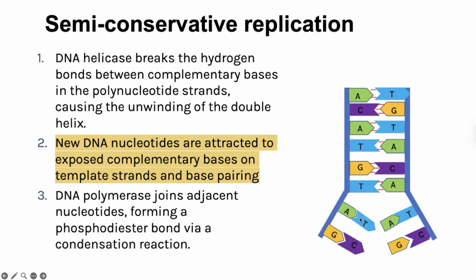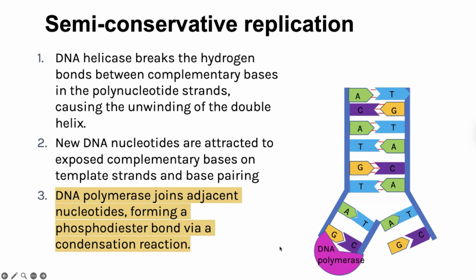Then within the nucleus, because this whole process happens in the nucleus, there are free floating DNA nucleotides that are attracted and align opposite to their complementary base pairs. Then DNA polymerase can catalyze the joining together of these adjacent nucleotides. So DNA polymerase is catalyzing the condensation reaction and the forming of the phosphodiester bond to create that new DNA polynucleotide chain.